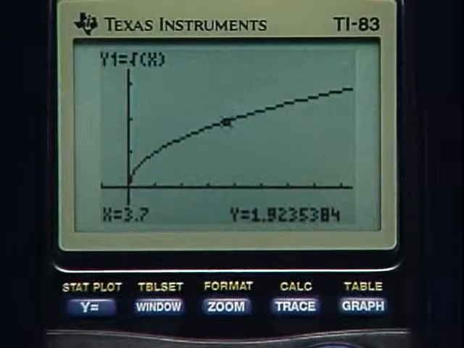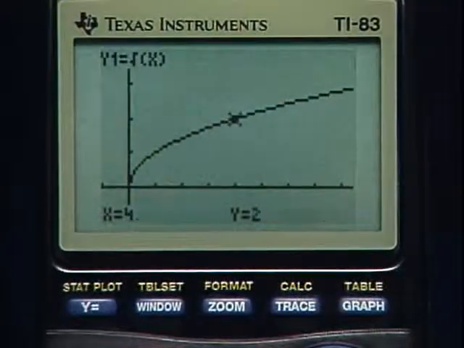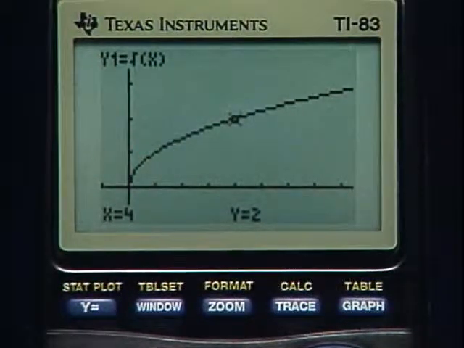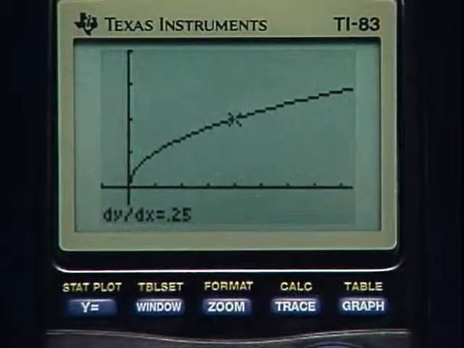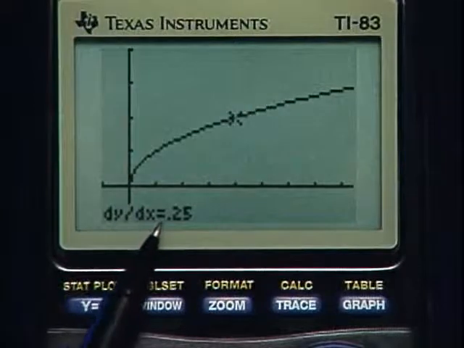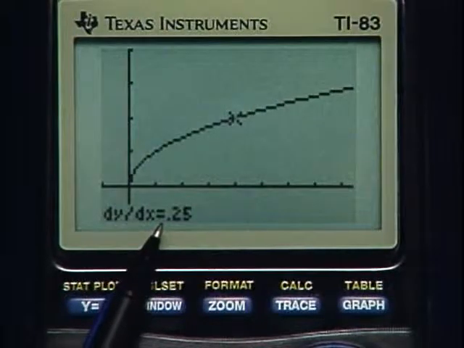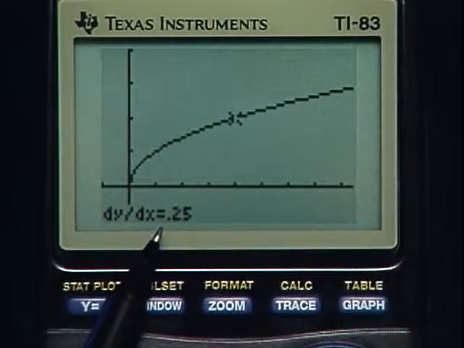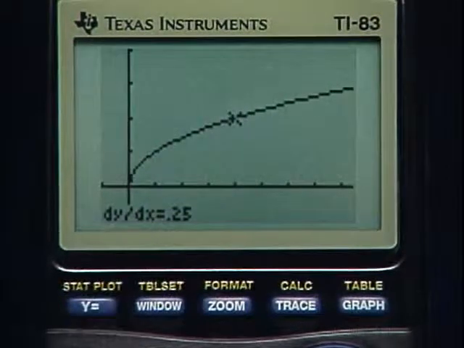And now the calculator is requesting a position on the graph where I want to calculate the derivative. And one of those positions was at x equals 4. So here we go. And now notice that it's making a calculation down here at the bottom. So we're just selecting the point on the graph, and the calculator is making the calculation of derivative at that particular point. And that really is all there is to it.